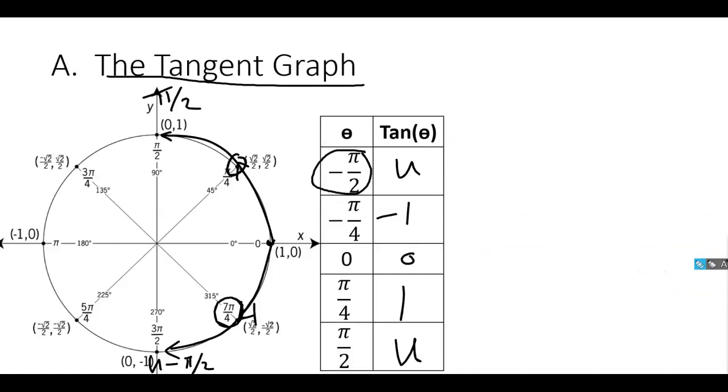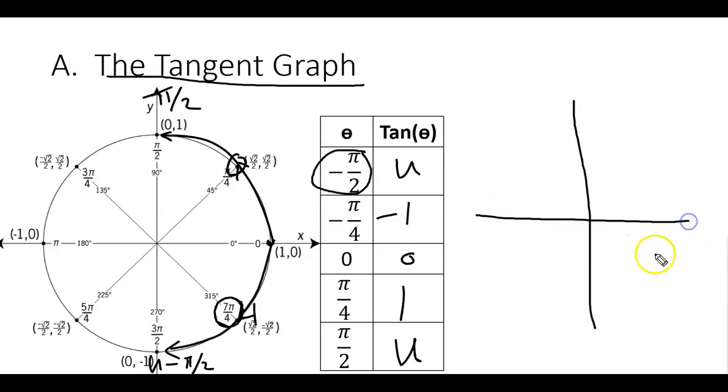Let's go ahead and graph this really quick. I'm going to put the values over here: negative pi over 2, negative pi over 4, 0, pi over 4, and pi over 2. At negative pi over 2, it doesn't exist.